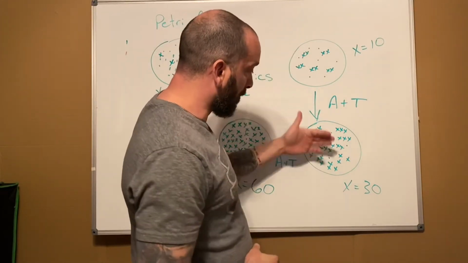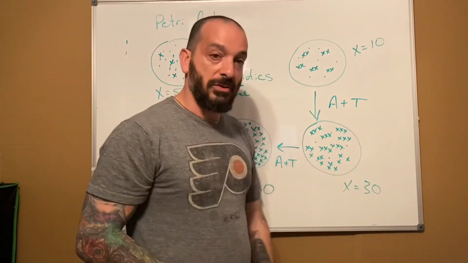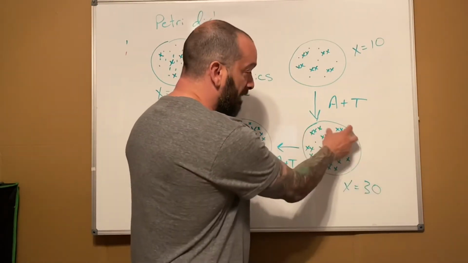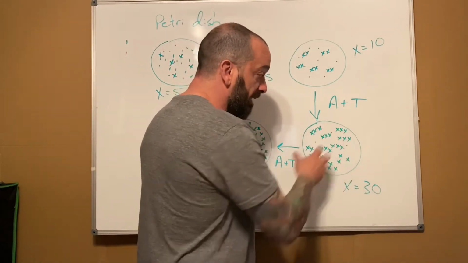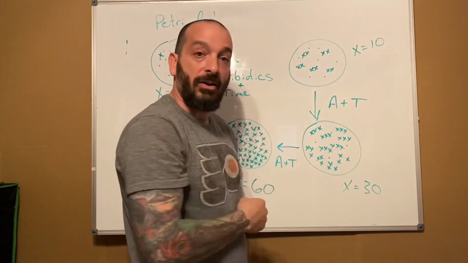And now, over more time, we add more antibiotics. We kill off more of those other bacteria, but the bacteria that are resistant to that antibiotic continue to multiply. So now we've gone from 5 to 10 to 30 over time.